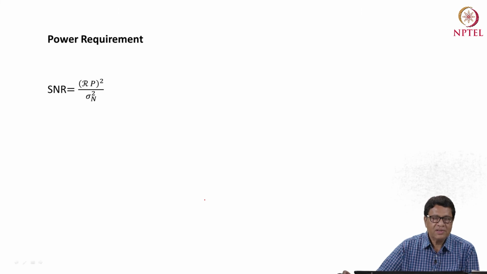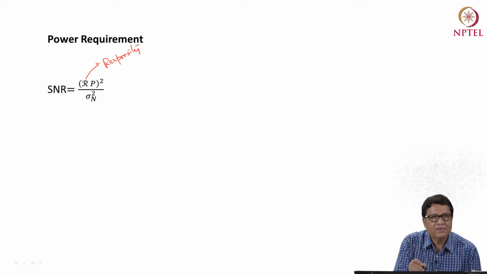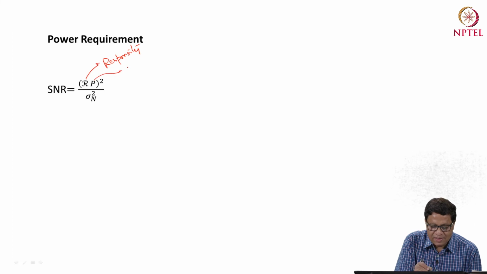Let us do it for power requirement. SNR is actually given by signal power divided by noise power. Signal power is the current, which is responsivity into power. So this is some sort of signal power. This is the responsivity, for an optical wireless based system, and this is the received power.